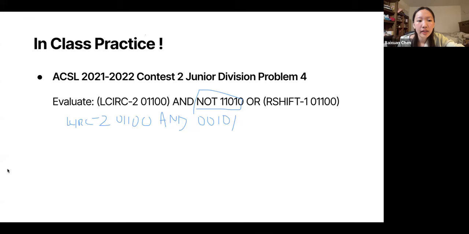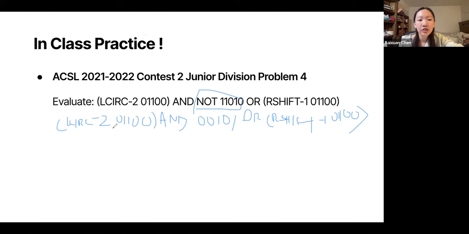So then it'll be or right shift 1, 0, 1, 1, 0, 0. Okay, so next we remember in the order of precedence, we'll evaluate the left circle and the right shift.